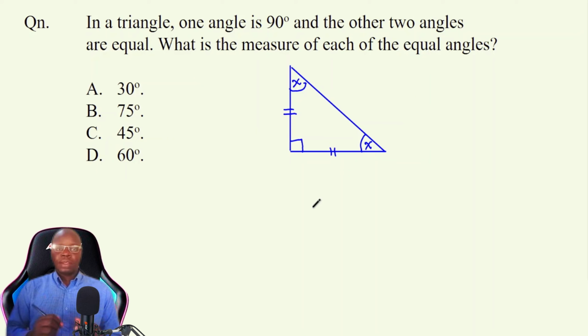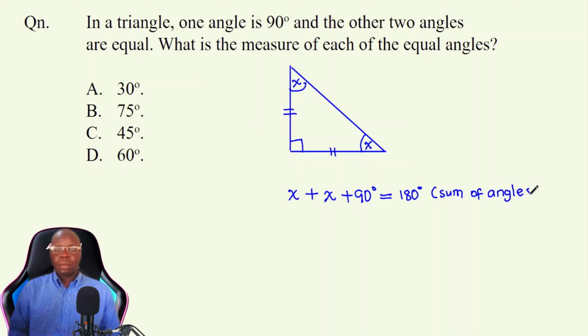In a triangle, the sum of the three angles gives us 180 degrees. So let's say we have x plus this x here, plus one of the angles, which is 90 degrees, this will give us 180 degrees. This is the sum of angles in a triangle.